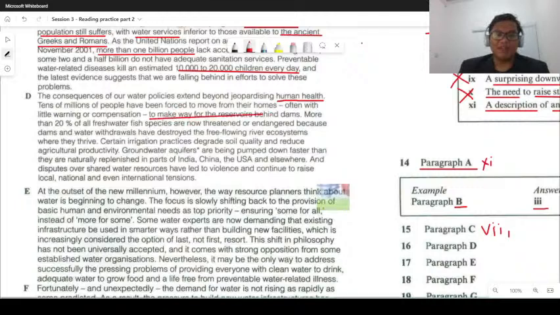So this is about displacement almost, right? They're forced to move out to make way for reservoirs. More dams and water withdrawals have destroyed the free-flowing river ecosystem where they thrive. So the focus is definitely something to do with dams and water.